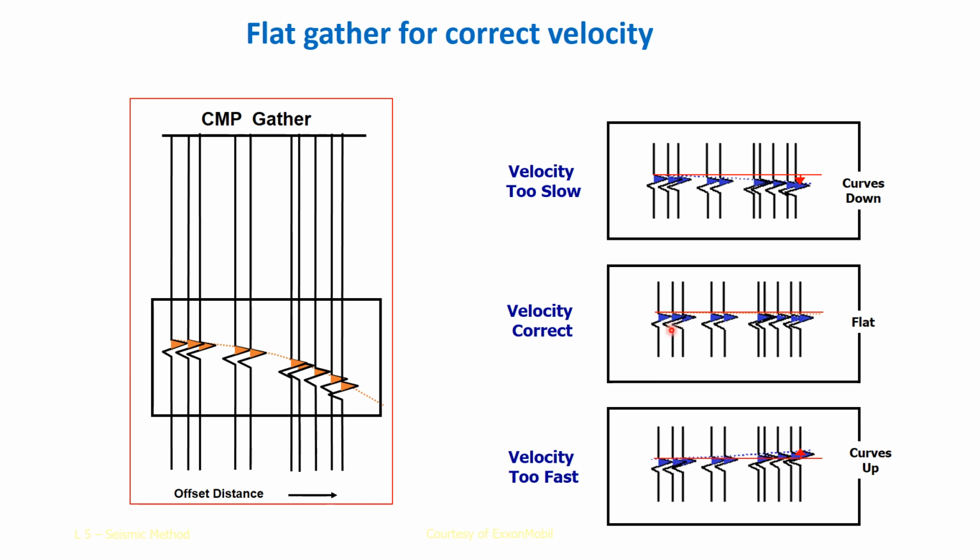When the correct velocity is used, the traces will be exactly flat. And for velocities that are too fast, the trend of the curves will be upward, and we can say the velocity is fast. So our objective is to have a flat gather using the processing technique. Then we will have proper subsurface imaging.